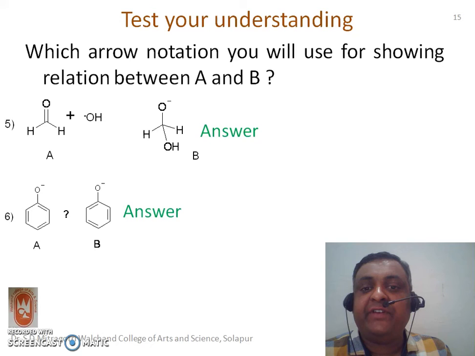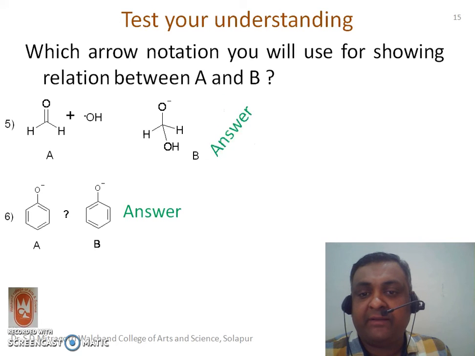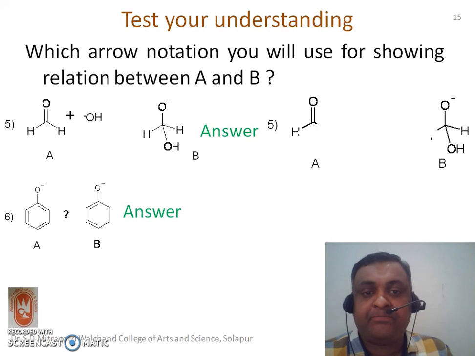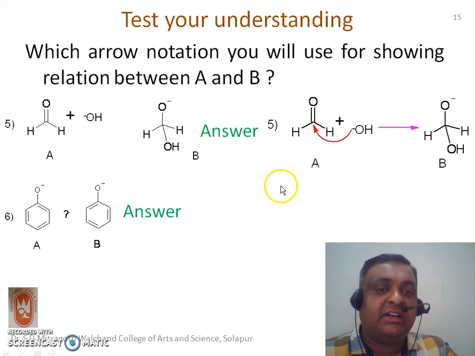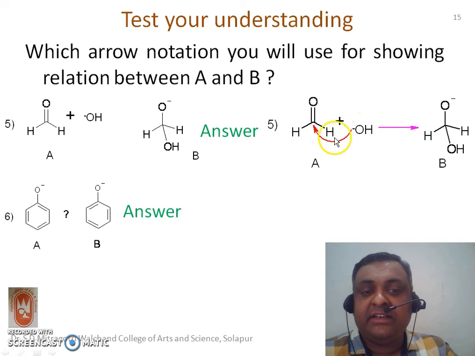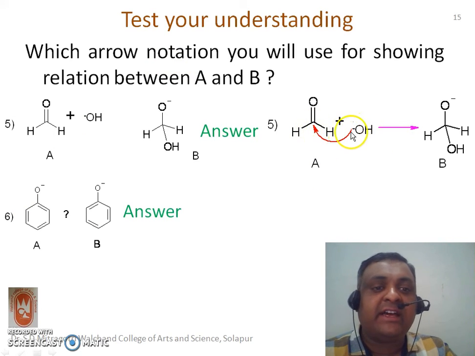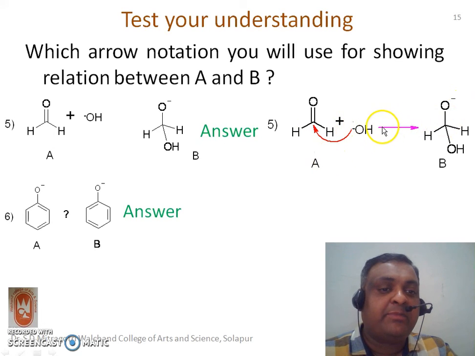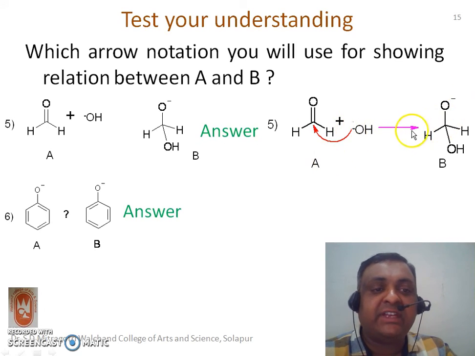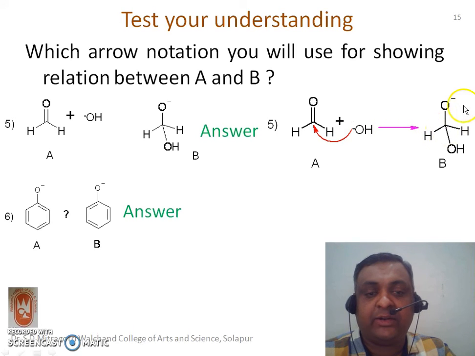Right, now we will have answers for the first one. Here OH minus reacts with formaldehyde. Remember, here we are showing the curved arrow because it involves transfer of 2 electrons, and again the product is shown with the help of single headed, straight arrow.